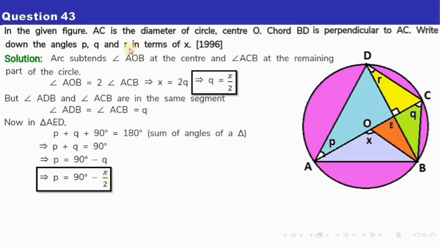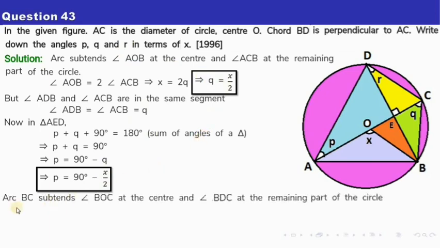Now at last we need to find the value of R in terms of X. So let's begin. Let us have a look at arc BC. BC subtends angle BOC at the center, that is this angle, and in the remaining part it subtends angle BDC. There is another one also, that is BAC.